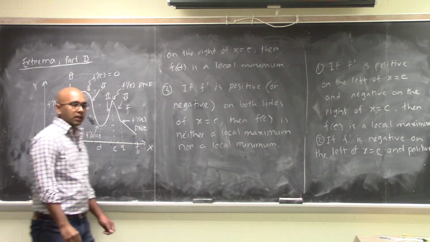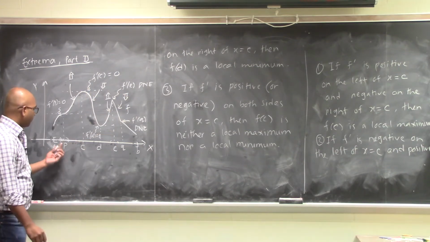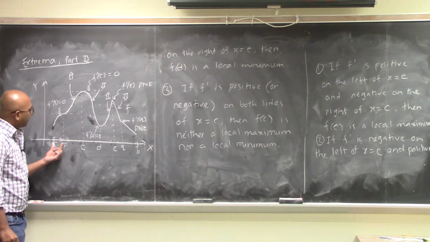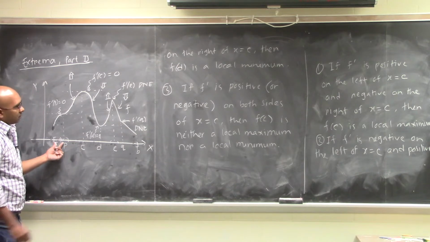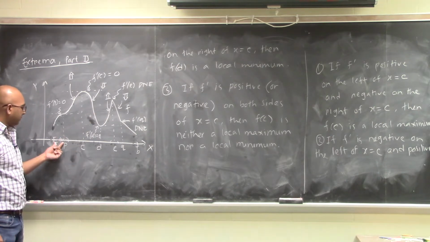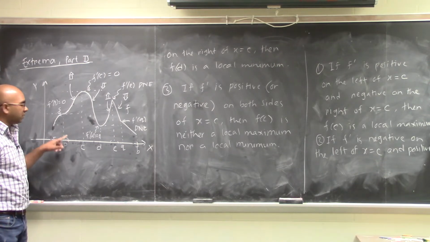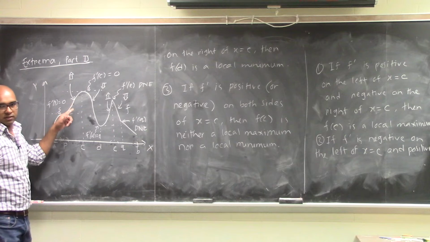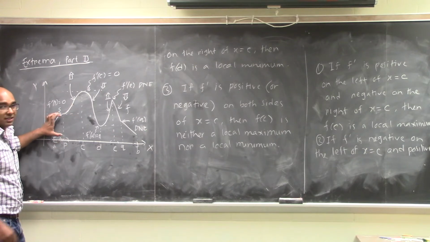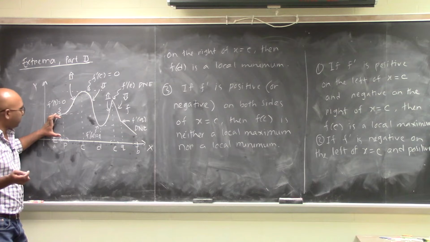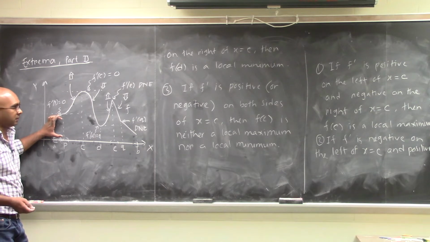For that let's just focus here at this point P. On the left side of P, f prime is positive, so it's strictly increasing, and on the right side of P it's also positive, so it is also strictly increasing. So then f of P is neither the highest nor the lowest, so it's neither local max nor local min.